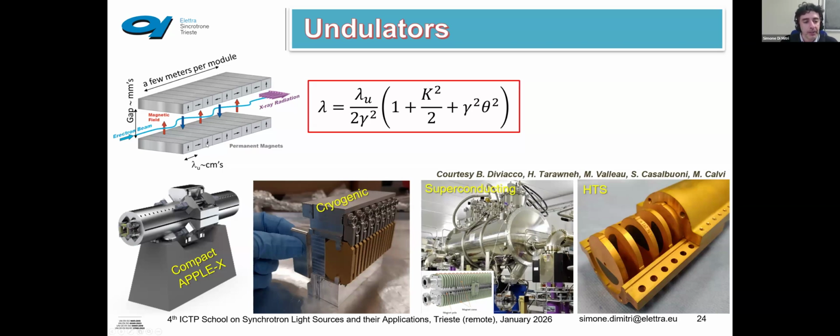And then you put all these small periods with alternated sign of dipole field in a sequence to build a 1 meter device, which is the undulator. So the electrons are basically wiggling in the undulator by virtue of the alternated polarity of these small dipoles. By doing this, radiation is emitted at each pole, or each period, if you like, of the undulator.